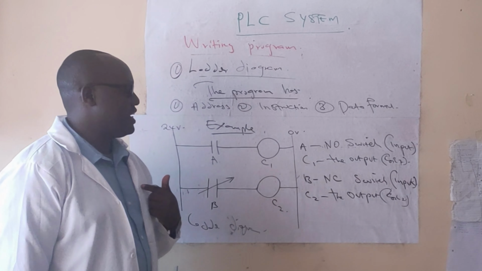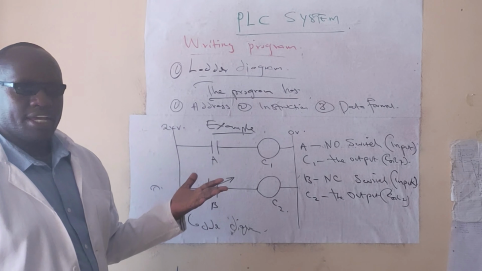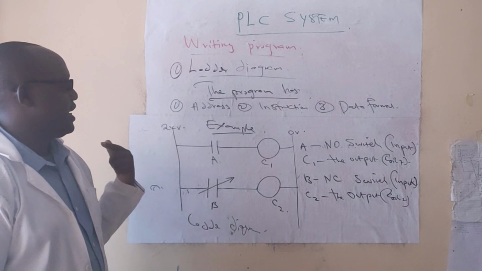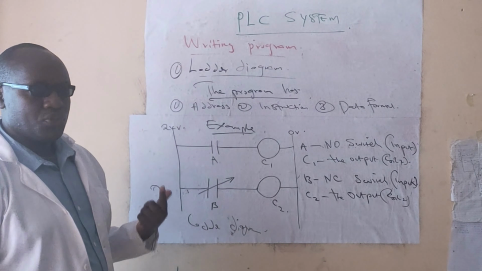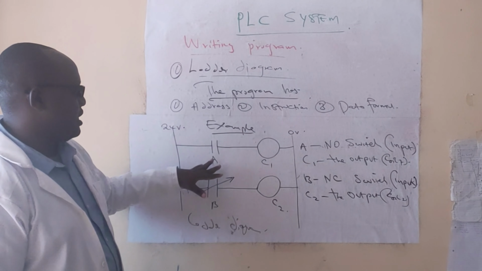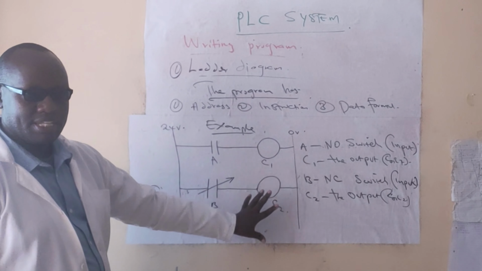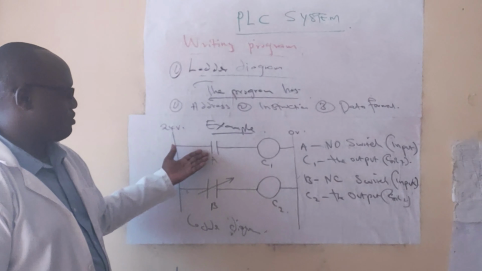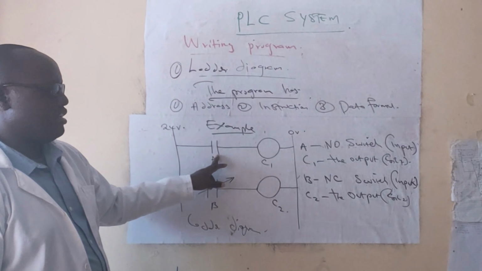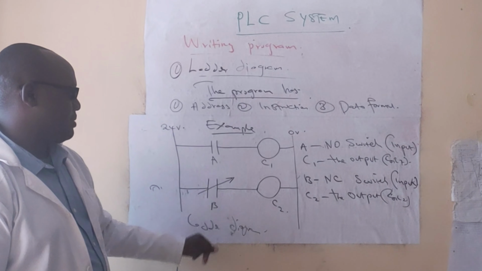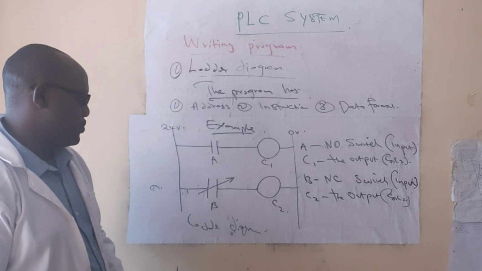For our case, for the inputs we use the contacts, and for the outputs we use the coils. We can use this to represent the output. The contacts are these ones. This one represents the normally open, and this one represents the normally closed contact.